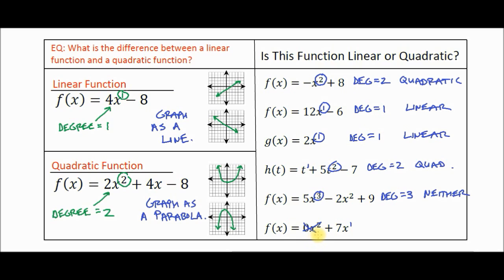It just evaluates at 0, so we don't look at this exponent anymore. Now we're just left with an exponent of 1. That means this tricky one is actually just a function with a degree of 1, and that one will still evaluate as linear. That will be a graph of a line.